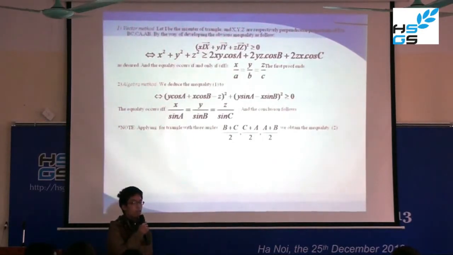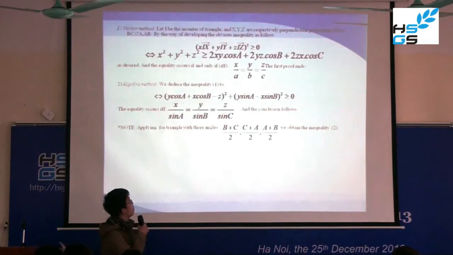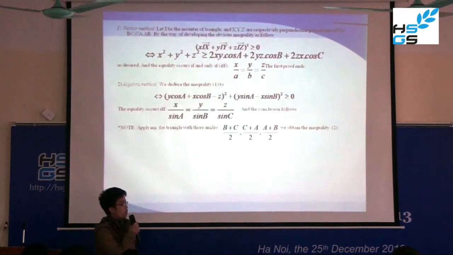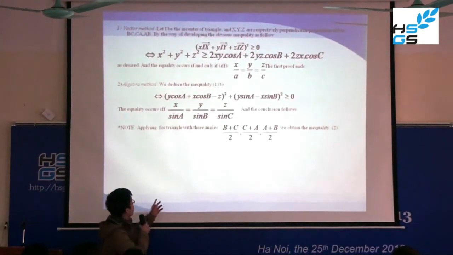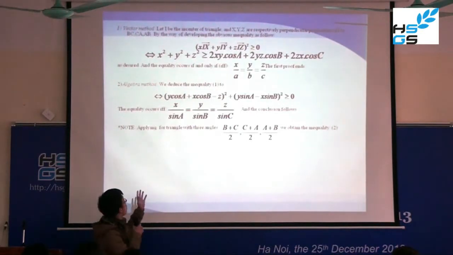And after a few steps, we can easily derive our desired inequality. The equality occurs if and only if x over a is equal to y over b is equal to z over c. And in the second method, we reduce the inequality to another form.